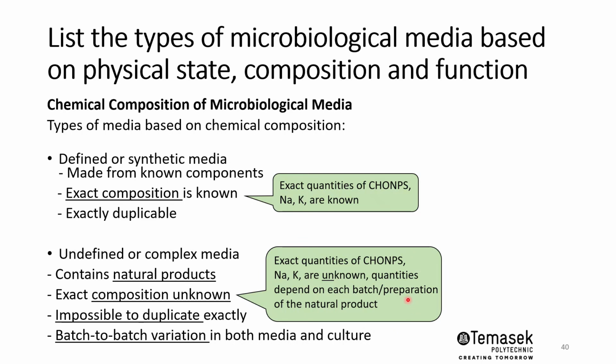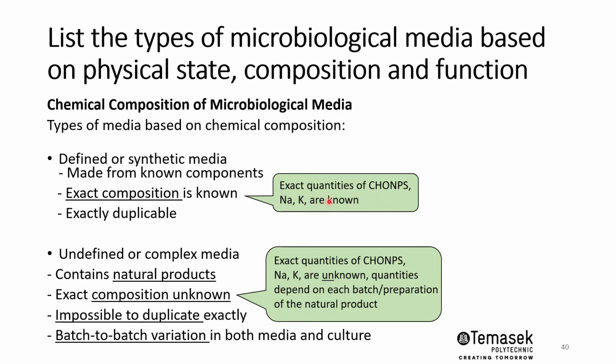So when we say again chemically defined or synthetic media, we know the exact amount and the nature of each of the individual ingredients. In the undefined or complex media, the exact composition of some of the ingredients are unknown. So defined media are made from known components, the exact composition is known, and hence we can reproduce that.